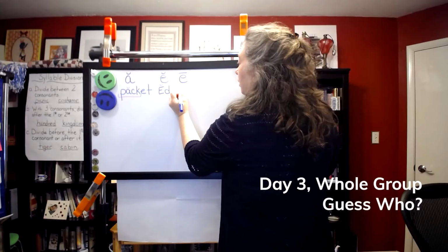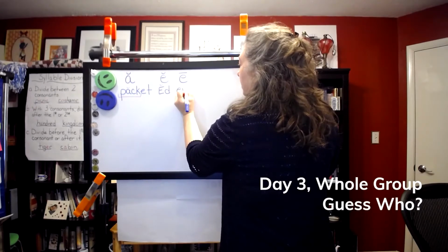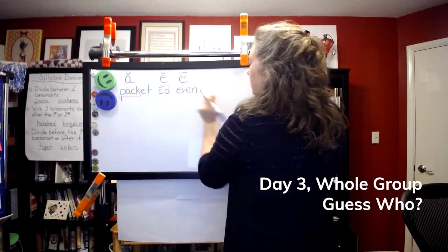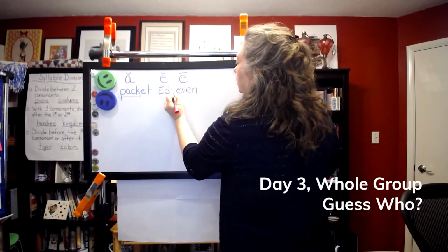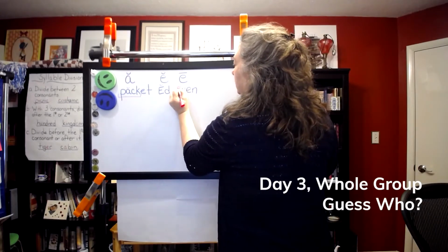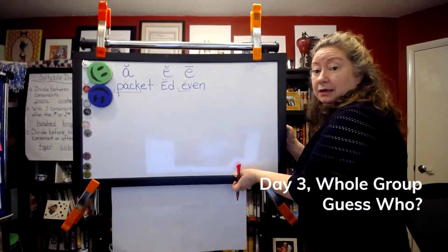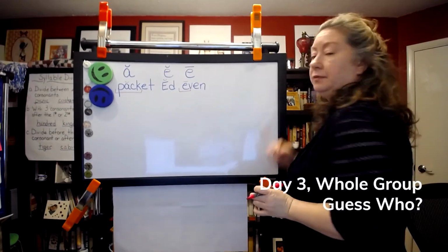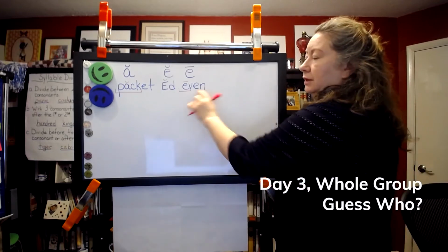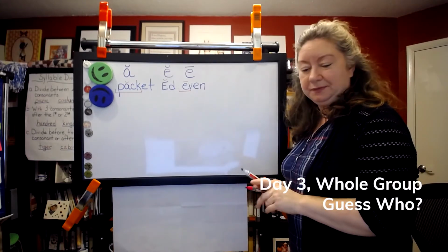And we heard that or saw that in the word even that we built earlier in our unit, in that very first syllable. There are other ways to write E, or make the E sound, but we're just going to focus on this one today.